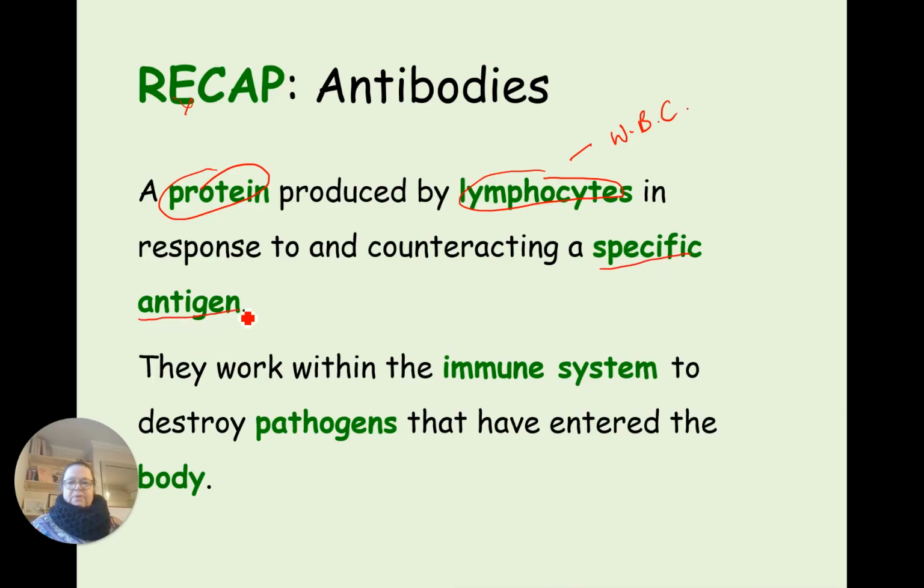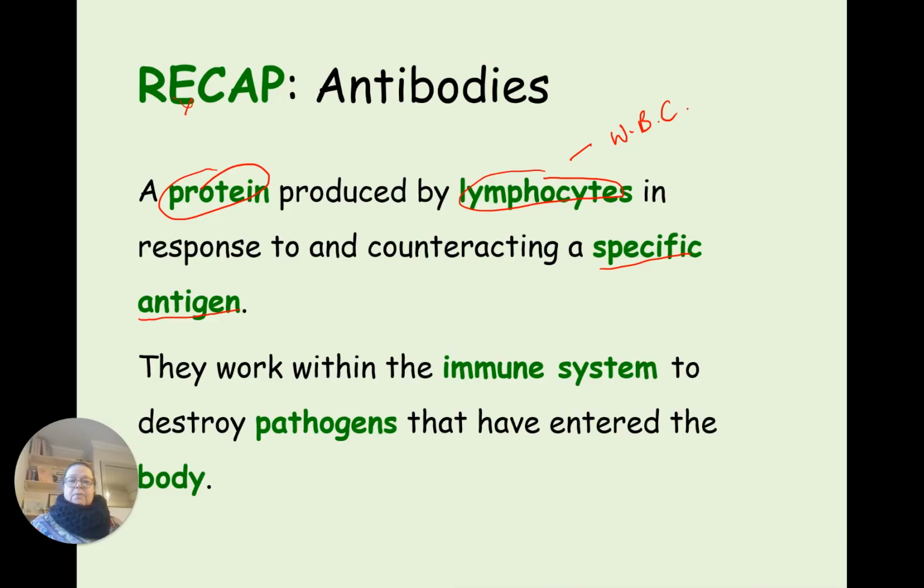We'll look at the difference between antibodies and antigens in a minute. They are part of the immune system and they destroy pathogens. Remember, no fighting off of pathogens. Destroy, digest, kill, absolutely fine, but no fighting off, that have entered the body.